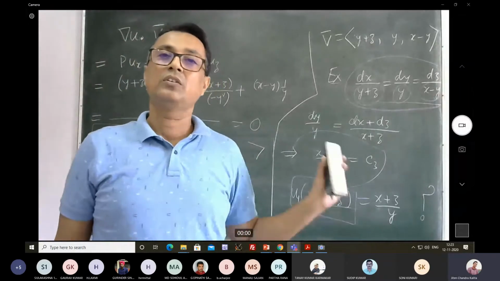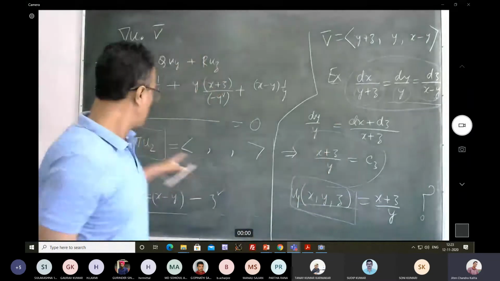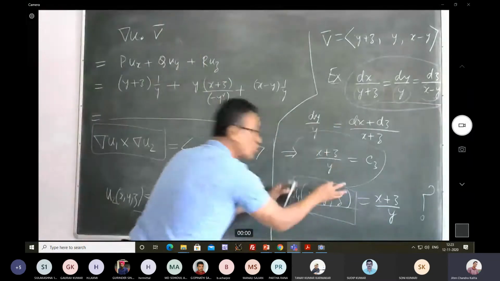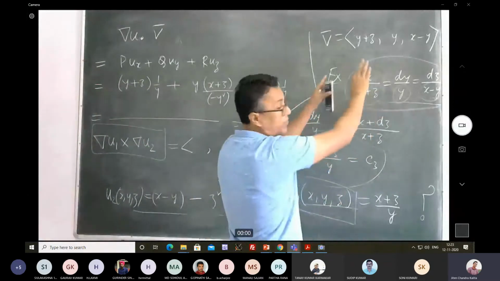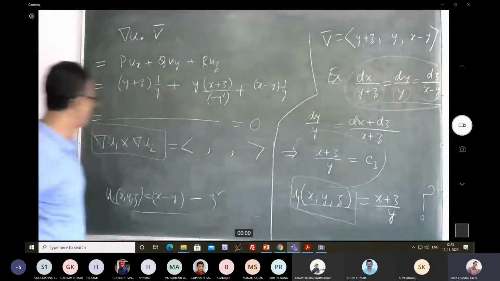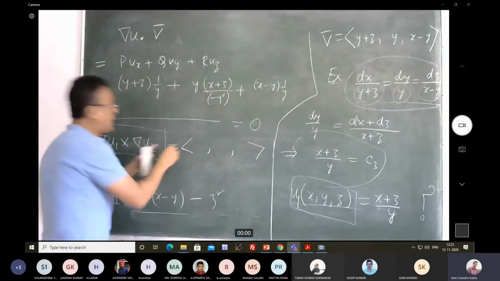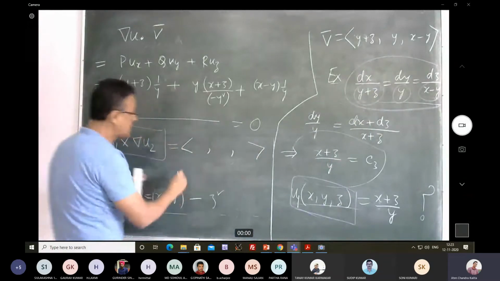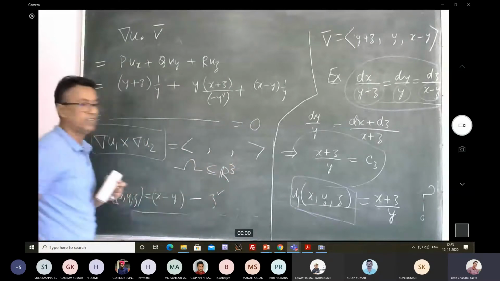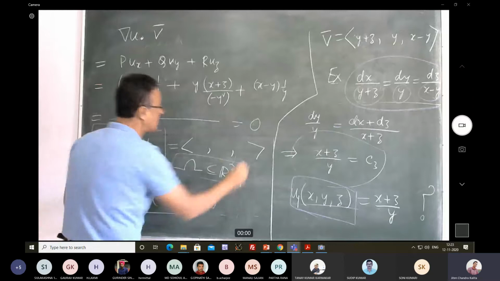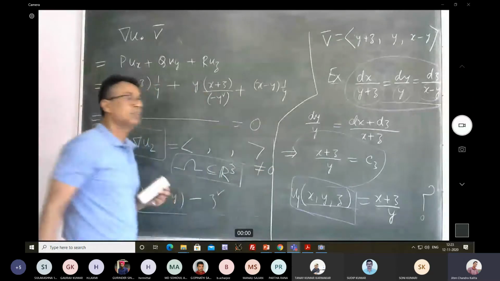What I'm telling you is that yesterday I also worked out a couple of examples. So once you have found two first integrals from this equation or from equations like this, you check this, right? And this is going to give you a certain domain omega in R3, because I want this to be non-zero.